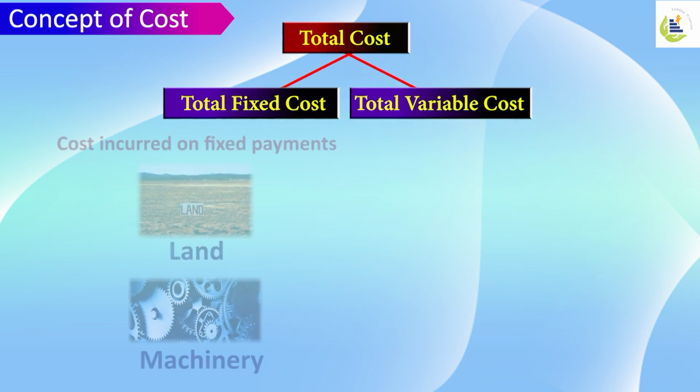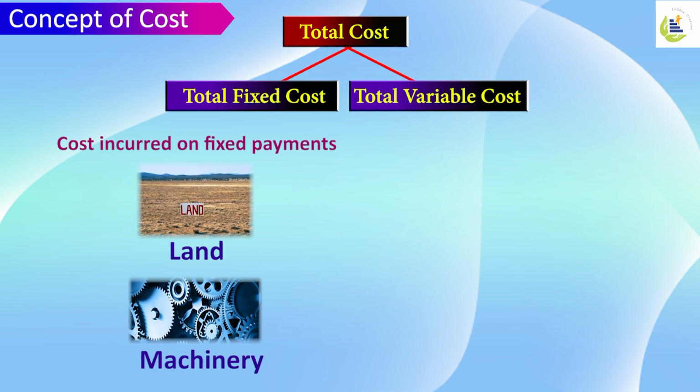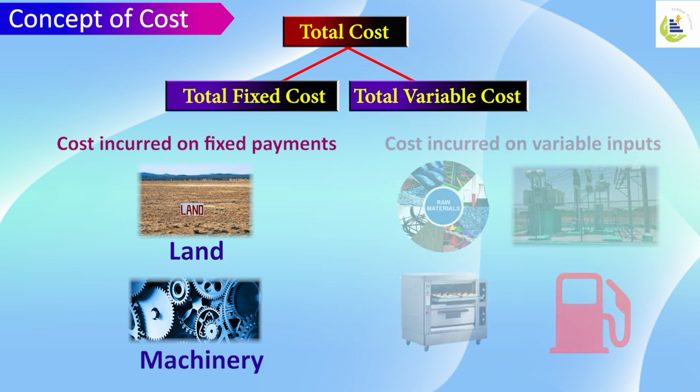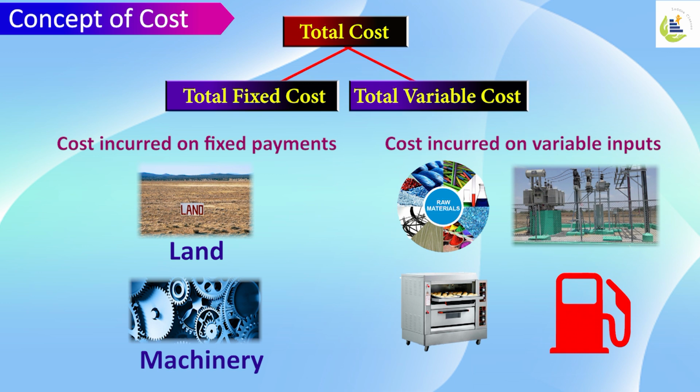Fixed cost, as the name suggests, is the payment incurred on fixed expenses like rent and machineries. Total variable cost is the payment incurred on variable inputs like labor, raw material, power supply, fuels and other allowances which vary. So that gives me total cost of production.